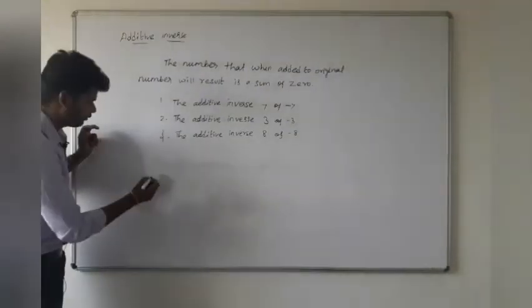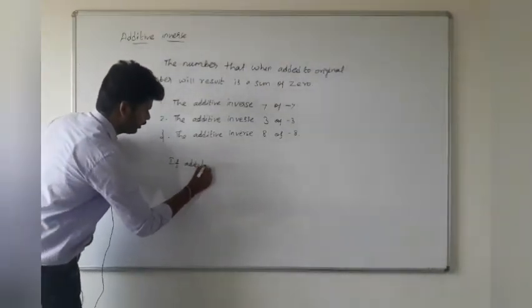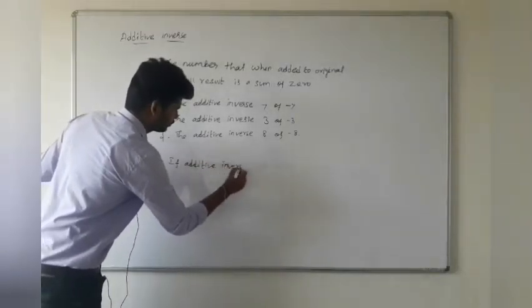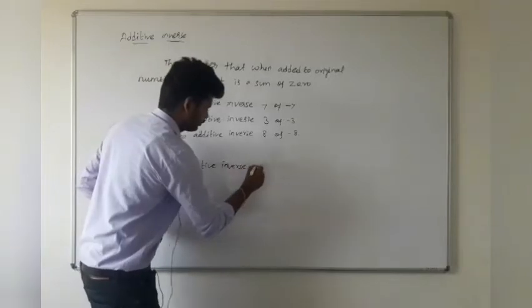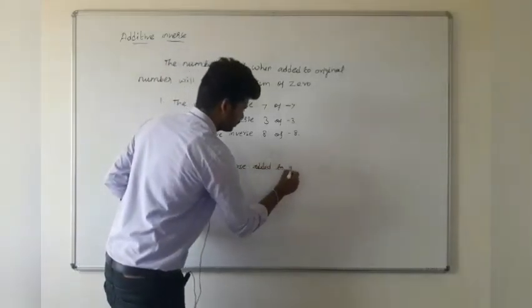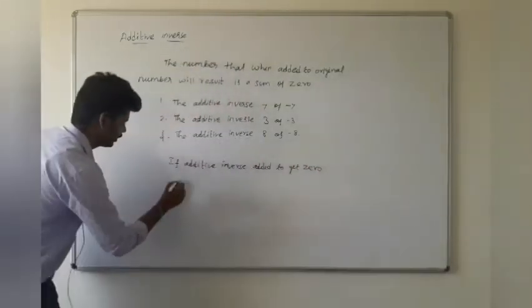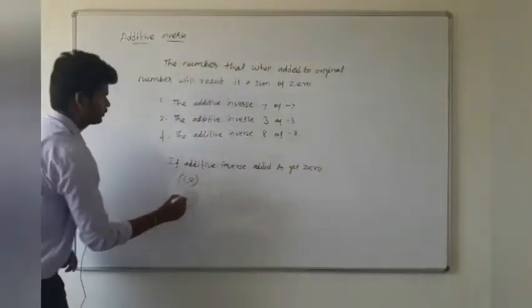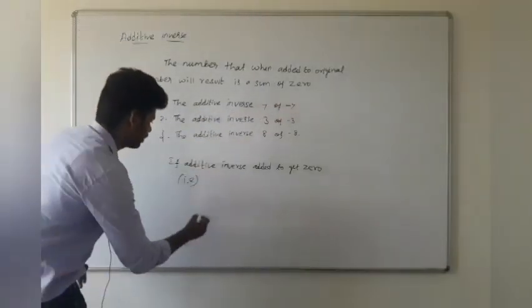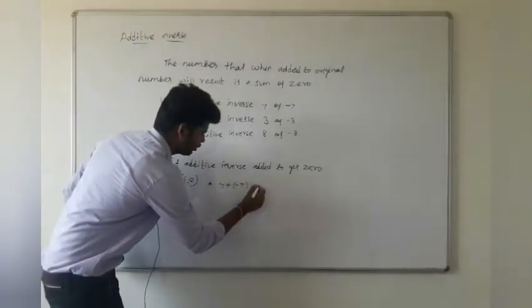Here, the additive inverse of 7 is minus 7. 7 plus minus 7 equals 0.